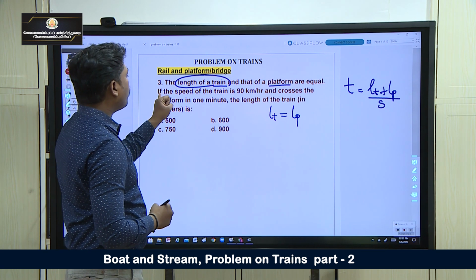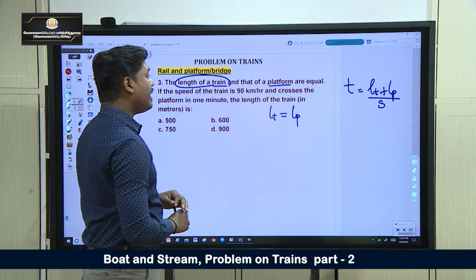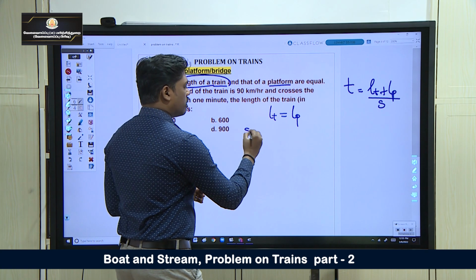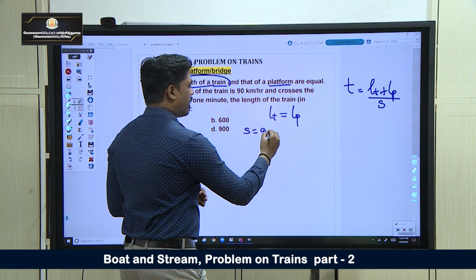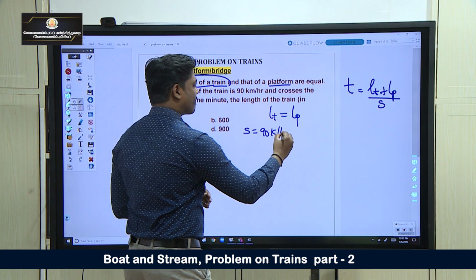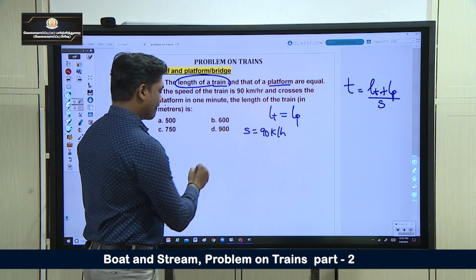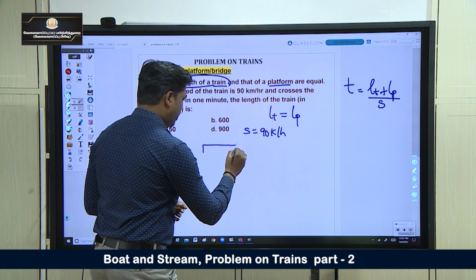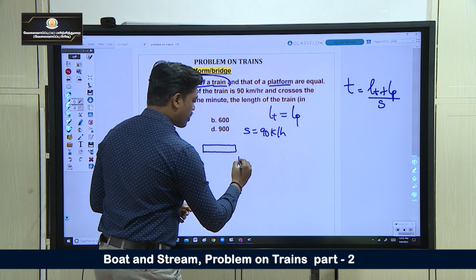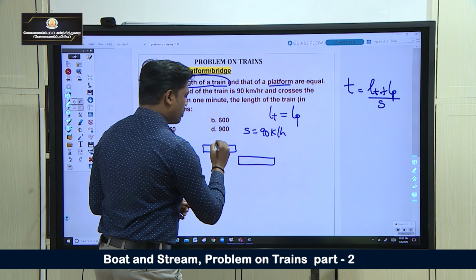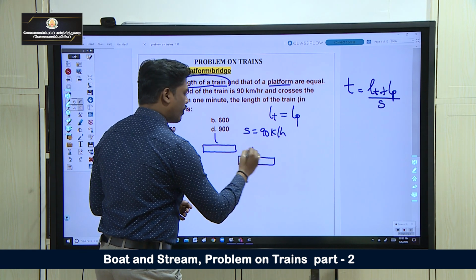If the speed of train is 90 km per hour and it crosses the platform in 1 minute. So it is like I am having a train here, I am having a platform here. This length is equal.